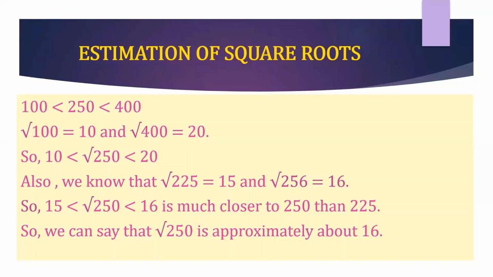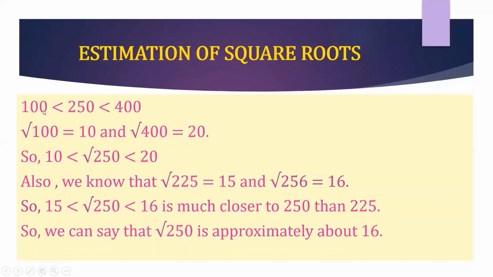Also, the nearby perfect square numbers of 250 are 225, which is smaller than 250, and another perfect square number near to 250 is 256. See, 225 and 256 are the nearby numbers of 250 and they are perfect squares also.